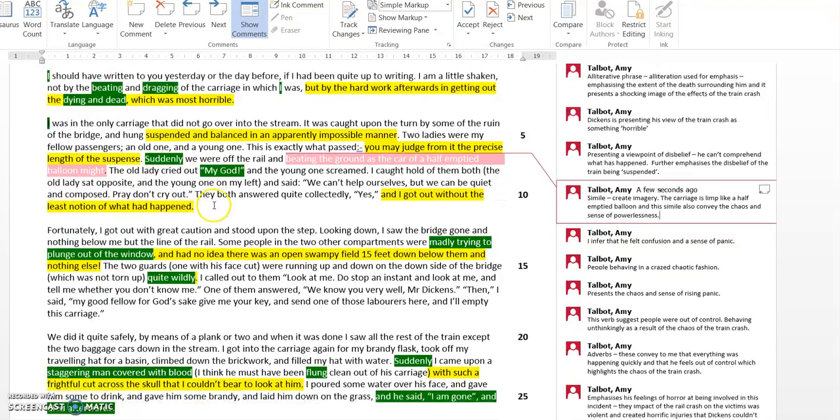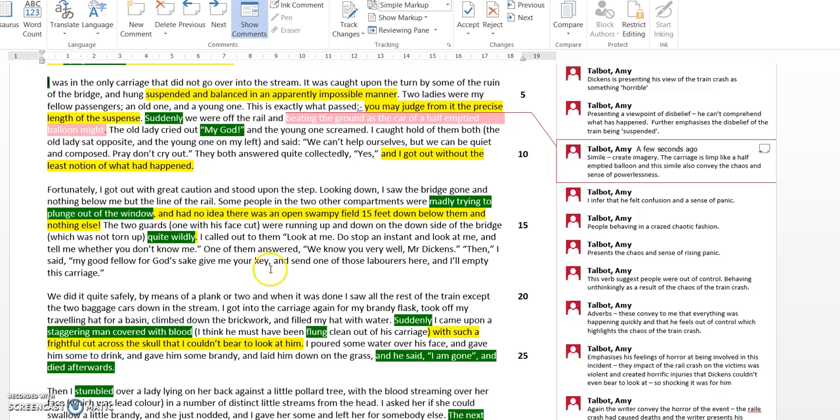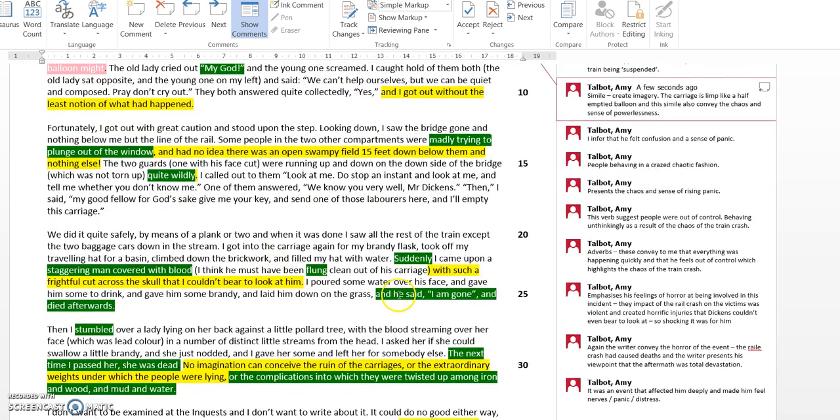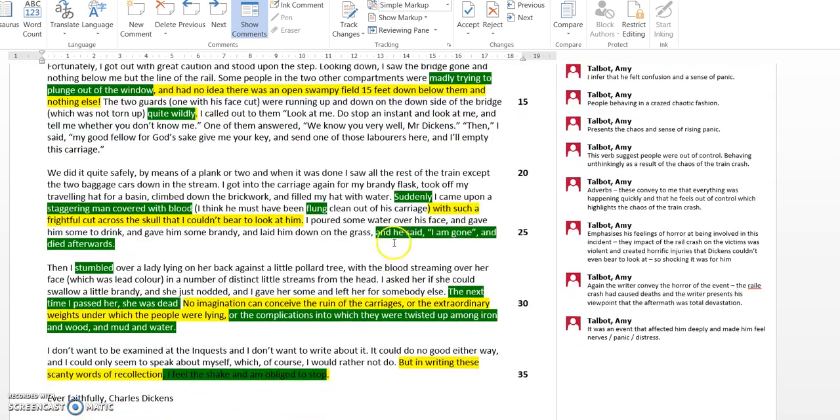Okay, and then the final thing I want to say is about sentence forms. So here he's talking about a man that he's come across, and this man then says, "I am gone," and died afterwards.